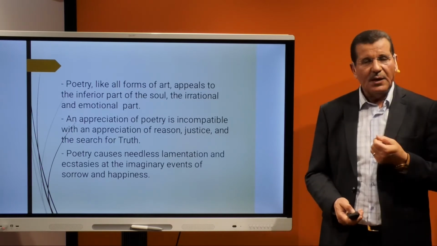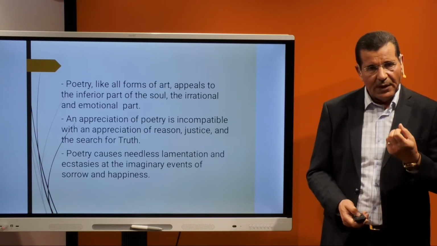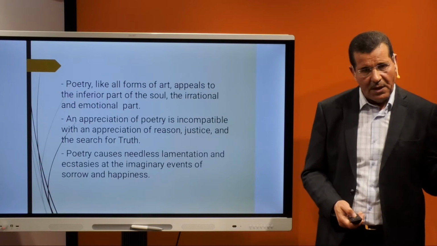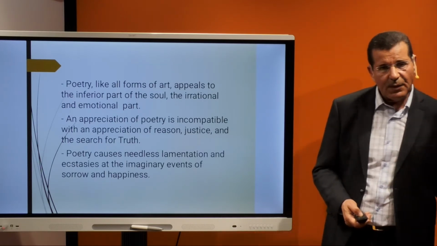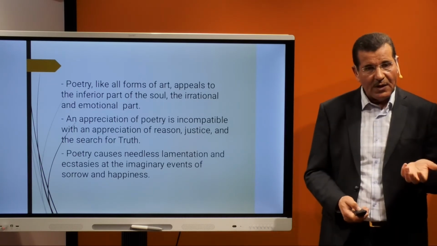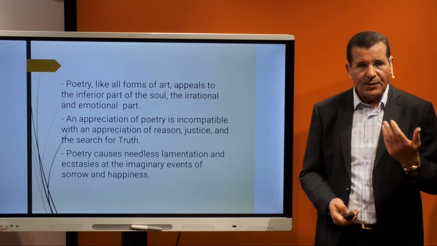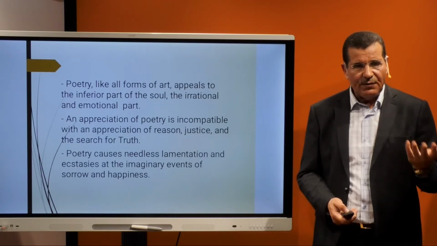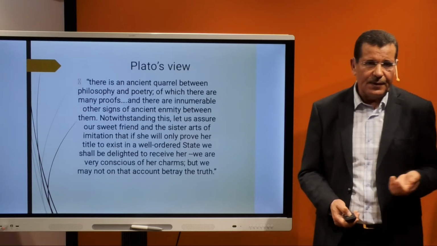So that's why Plato here is for reason. The irrational, the emotional is eliminated. And an appreciation of poetry is incompatible with an appreciation of reason, justice, and the search for the truth. And for him, poetry only arouses emotions, imaginary sorrows and unhappiness. So that's why it's not accepted.